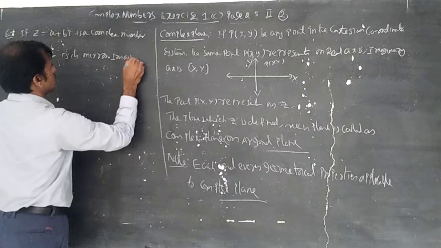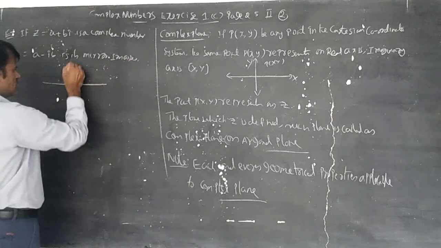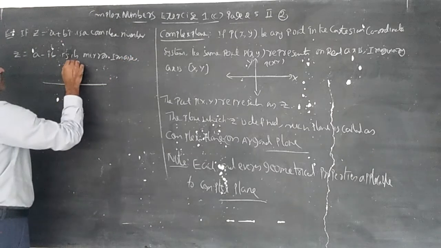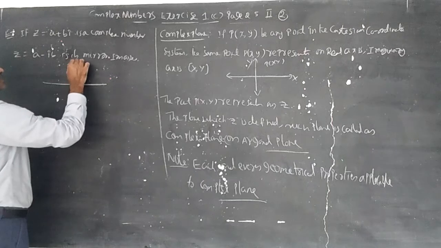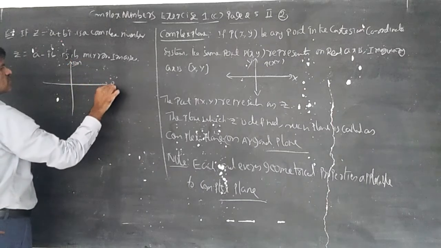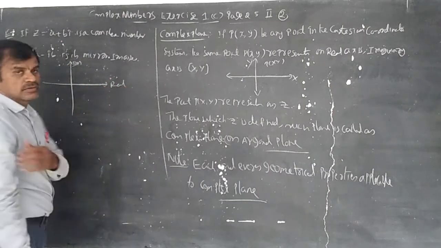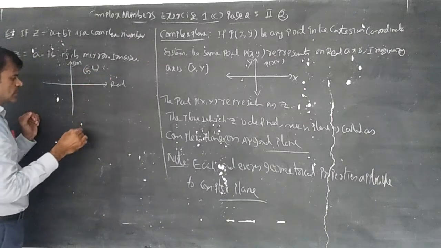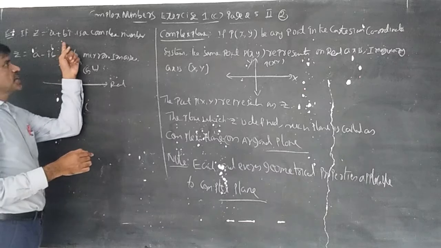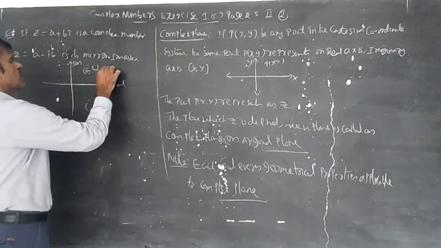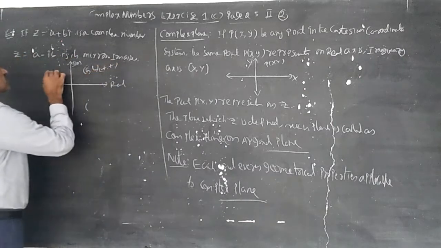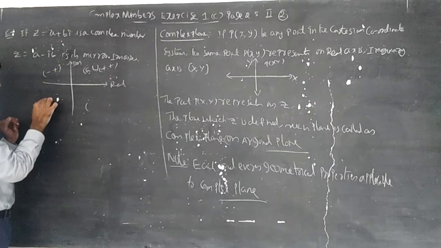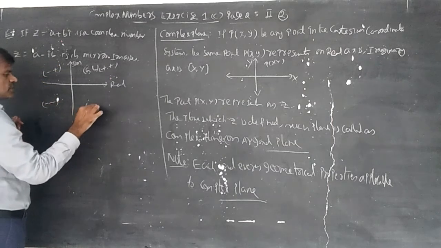That is nothing but, take this as the imaginary axis, take this as the real axis. Put here a comma b. So it is indicating plus plus. Same concept, students. Plus plus, minus plus, and minus minus, and this is plus minus.